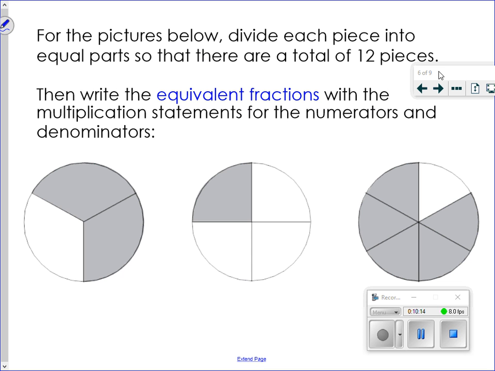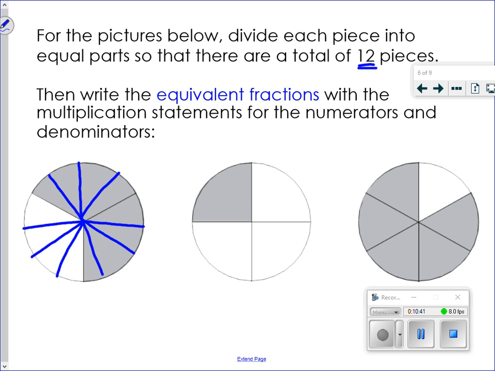All right, so if my first pie is split into 3 equal sections, but I need 12 altogether, so I'm going to divide each of those 3 sections into how many pieces? 3 groups of 4 will give me 12. Right. Okay, so I'm going to divide that one into 4 equal groups, that one into 4 equal groups, and that one into 4 equal groups.